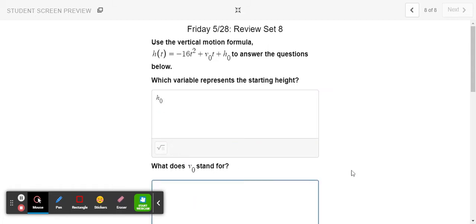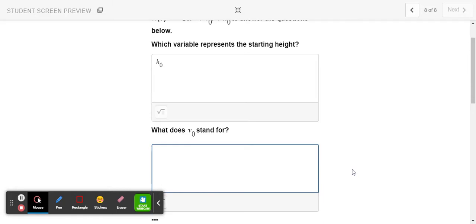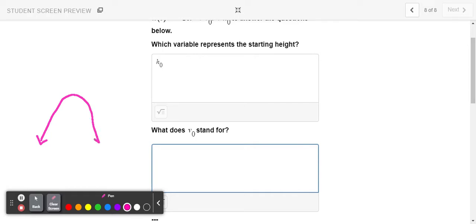Based on that information, the next question asks, what does v sub 0 stand for? Well, remember with vertical motion, it's a parabola. Something gets launched into the air and comes back down, and here's the ground right here. What things do you need to launch something into the air and have that shape?